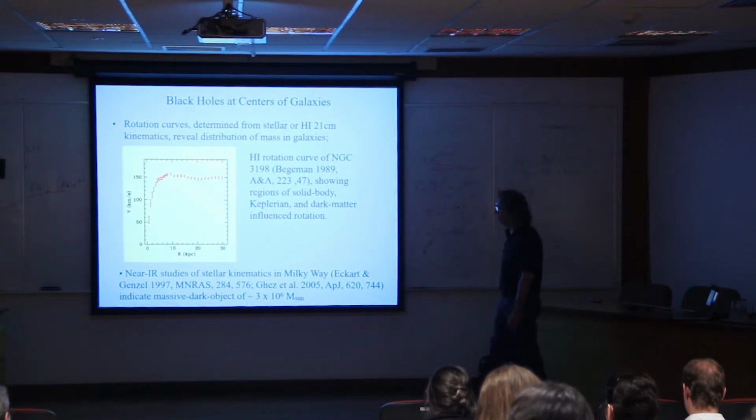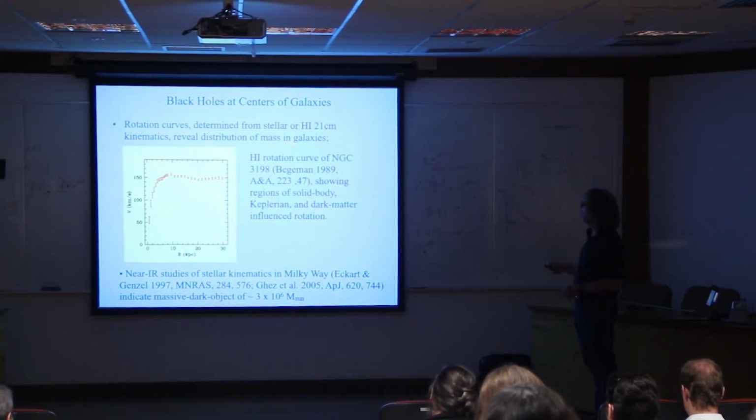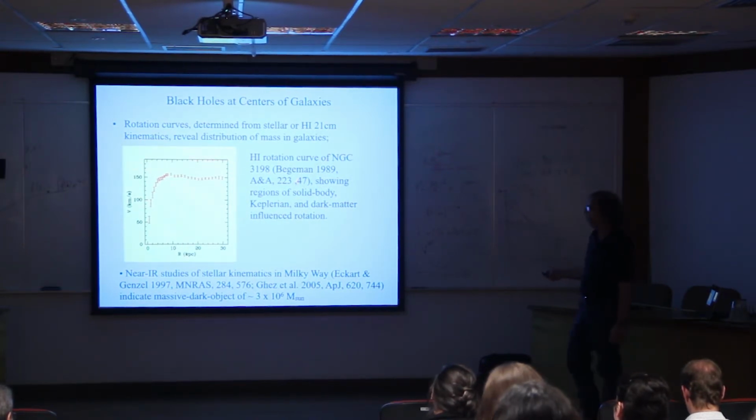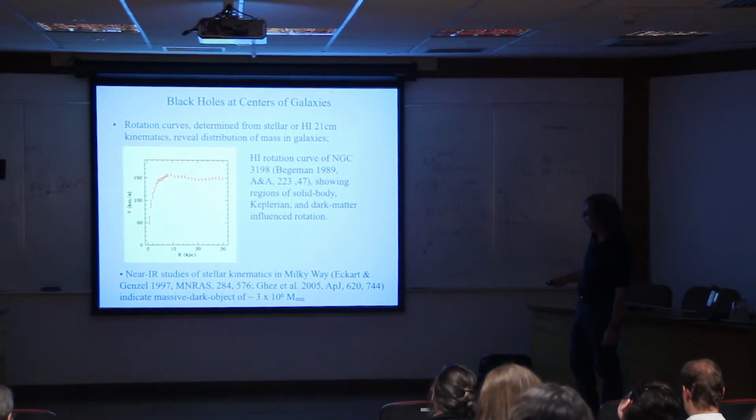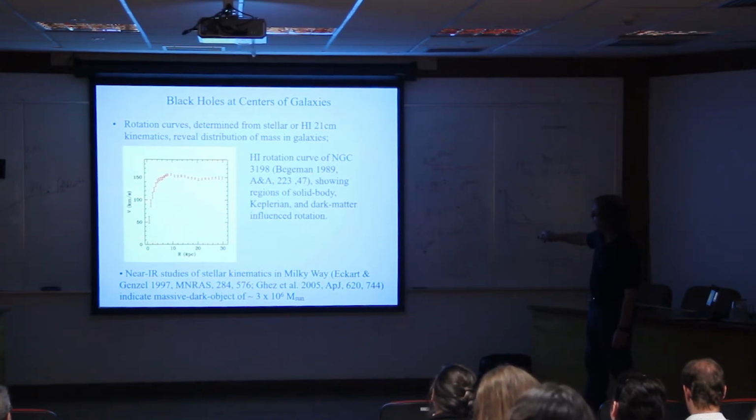Are there black holes at the centers of galaxies? Well, what you can look at is rotation curves, and rotation curves give you a mass of a galaxy. So here's a non-active galaxy, and this is based on atomic hydrogen velocities. Here's a rotation curve, so you're looking at the distance from the center of the galaxy in kiloparsecs, velocity in kilometers per second, and this is a typical spiral galaxy rotation curve, where you get this part in here where the velocity increases with distance, and then it falls off a bit here, and then it flattens out.